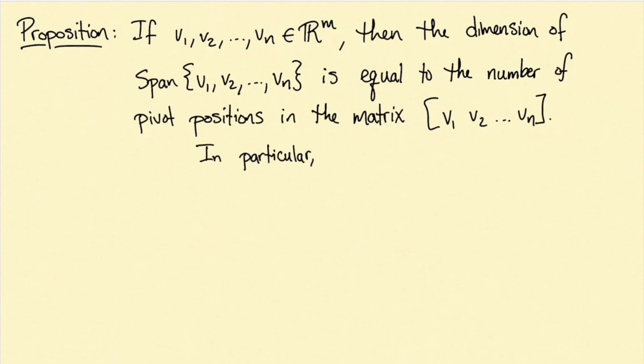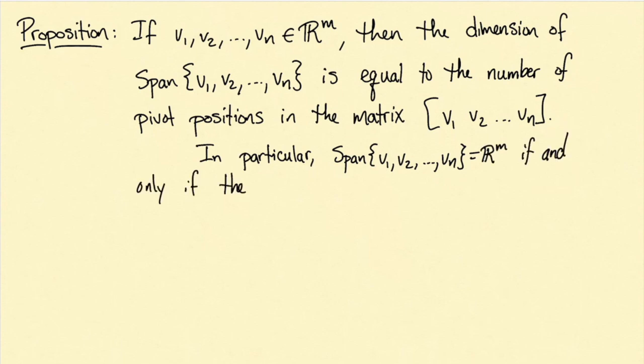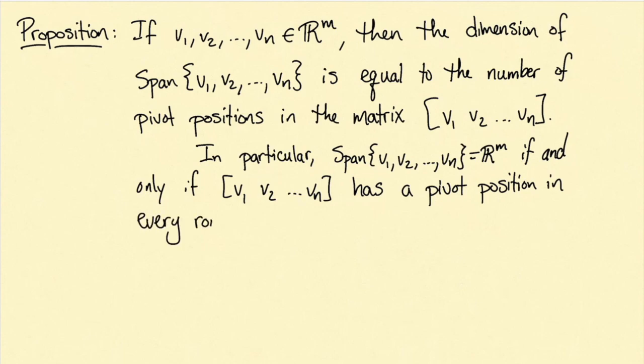In particular, the span of v1 through vn is equal to Rm if and only if the matrix with columns v1, v2, down to vn has a pivot position in every row.